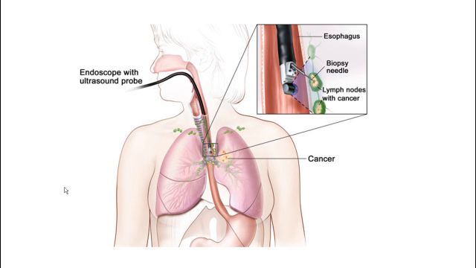And so in this case what you're seeing is, instead of a colonoscopy, they're doing an endoscopy, so basically coming through the mouth, down the esophagus, and coming to the area here so that they can biopsy the lymph nodes right under the mediastinum, which is kind of right under the breastbone, in order to determine whether or not lung cancer has spread to the surrounding lymph nodes.